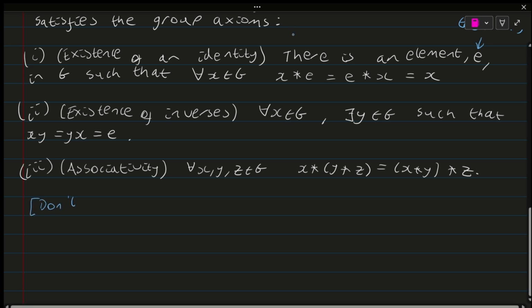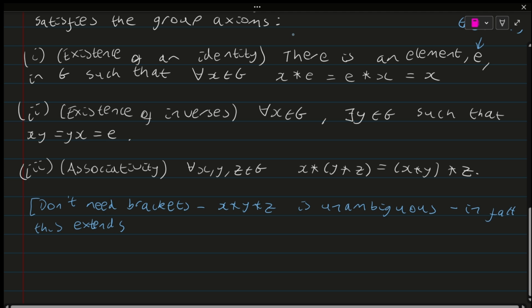Right here, we don't need brackets. x star y star z is unambiguous. And in fact, this extends to multiplying together any number of elements by induction. And I'll write like this as an abbreviation for elements.